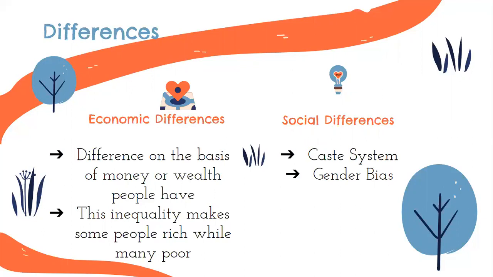So what used to happen was that people belonging to a certain caste, right, were treated as untouchables. They were treated as Dalits, right? And so they were given the lowest of the lowest jobs in the society.